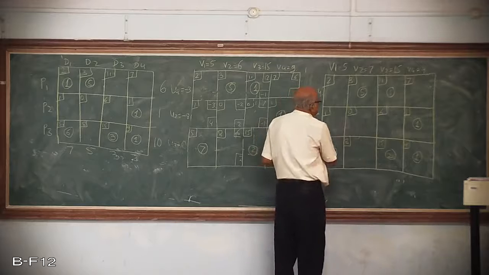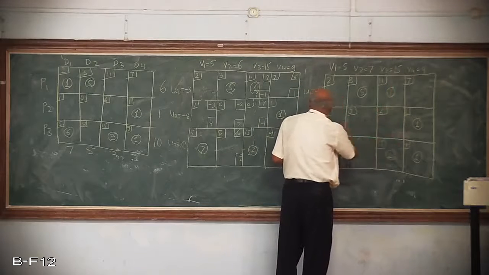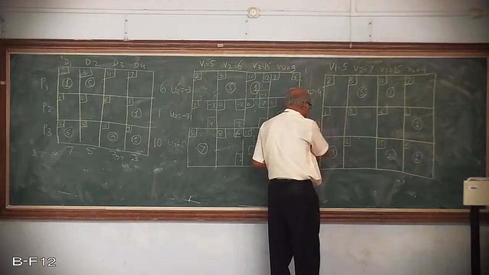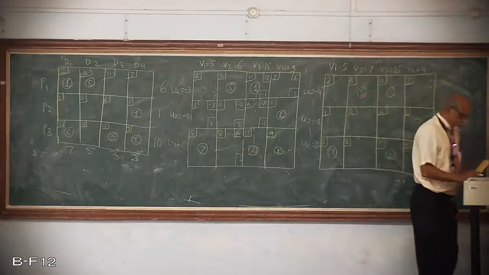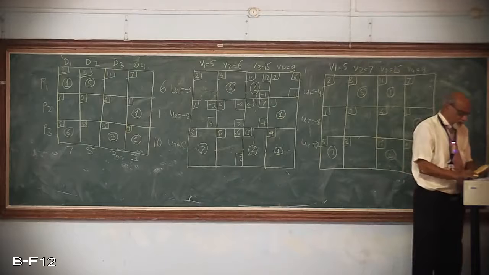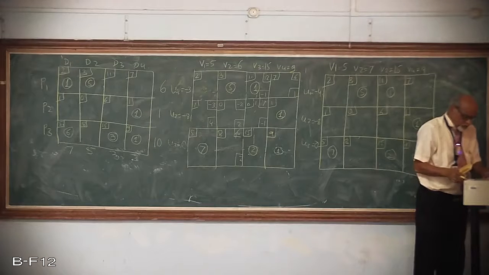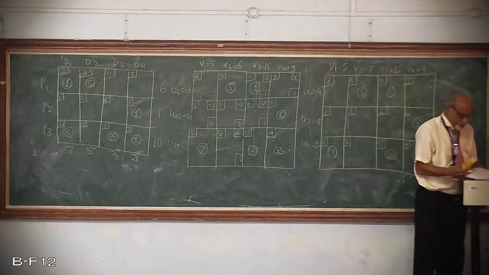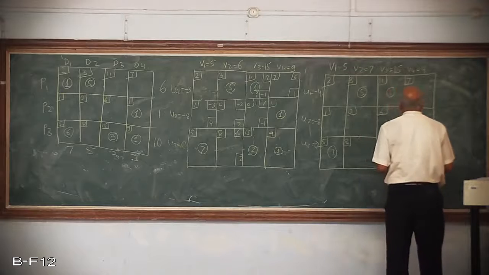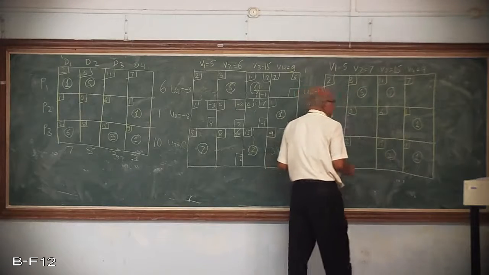And the U2 value I can find out, because V4 is equal to 9, and U2 plus V4 should be equal to 1. That means U2 is going to be minus 8. Okay, fine.